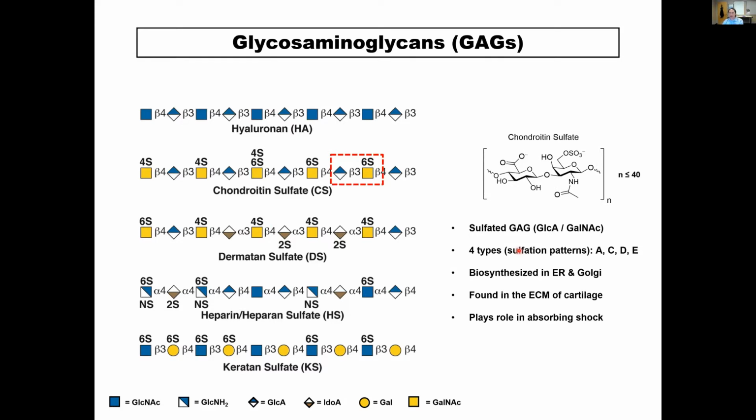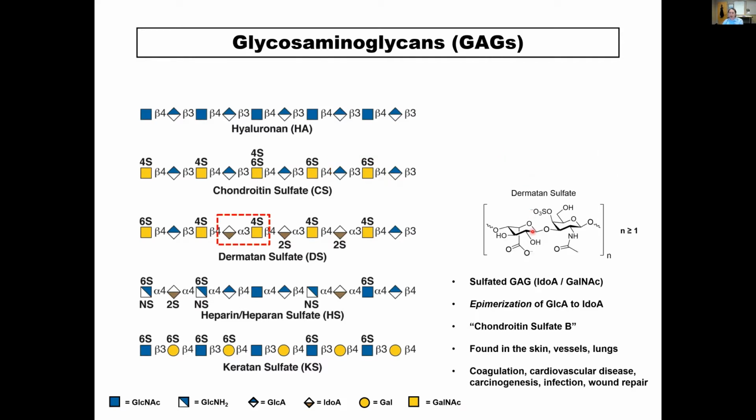If we go back here, you can see the structure of glucuronic acid, and there are a couple of enzymes that can epimerize glucuronic acid to iduronic acid. This iduronic acid residue can be 2-O-sulfated at certain positions. So the main structural difference between these two GAGs is the presence of iduronic acid, and certain enzymes epimerize glucuronic acid to iduronic acid to make a dermatan sulfate chain.